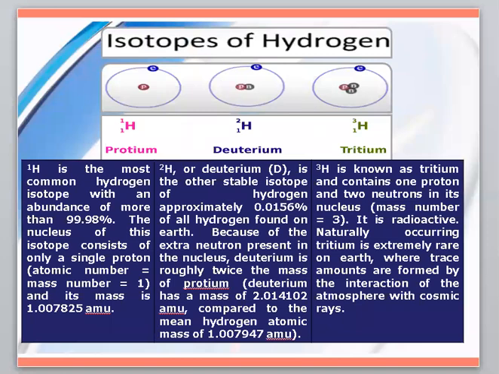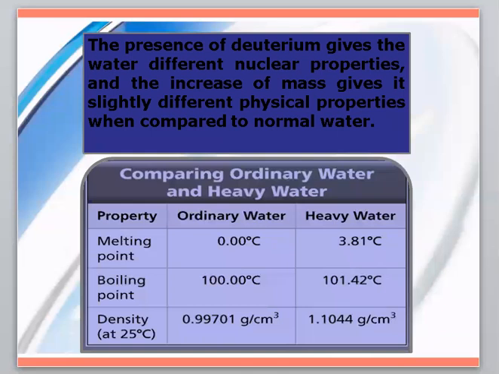There are three isotopes of hydrogen: protium, deuterium and tritium. Protium has no neutron, deuterium has one neutron and tritium has two neutrons. Due to these differences, physical properties change, and we compare ordinary water with heavy water.